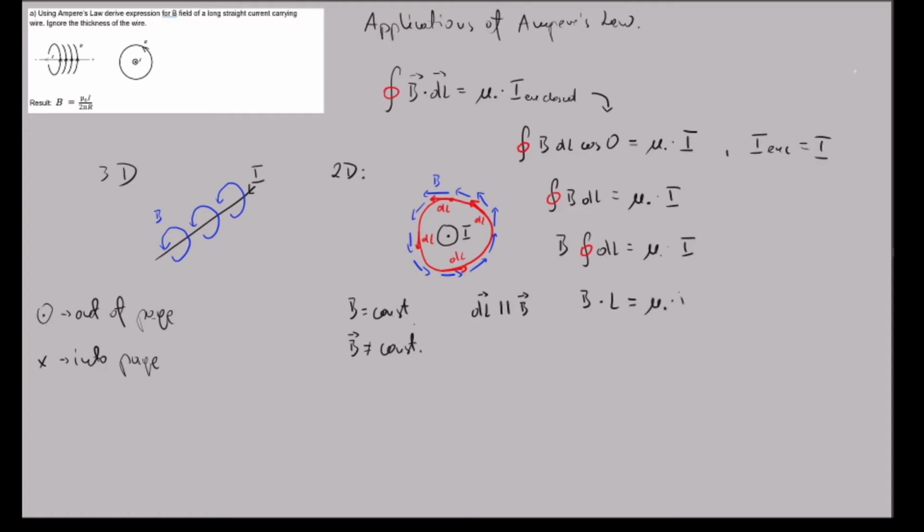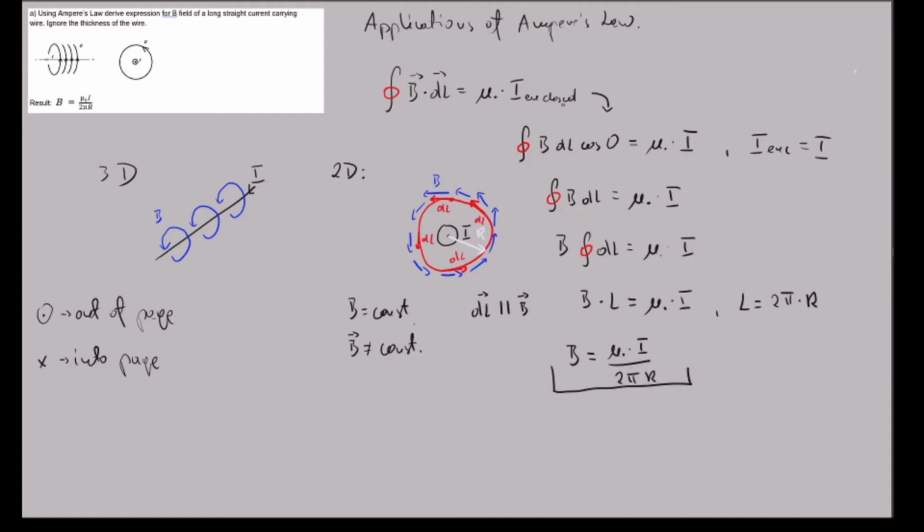And the whole length of the path is nothing but 2 pi times r, where r is the distance from the center to my loop. All right, now that I have this, the magnetic field becomes mu naught times I over 2 pi r, and that does it.